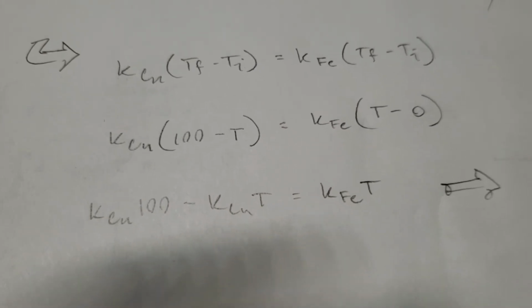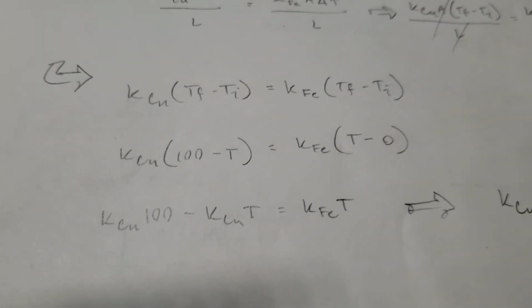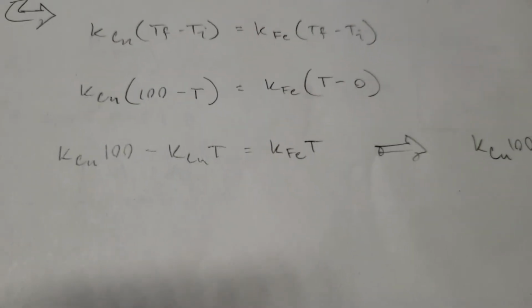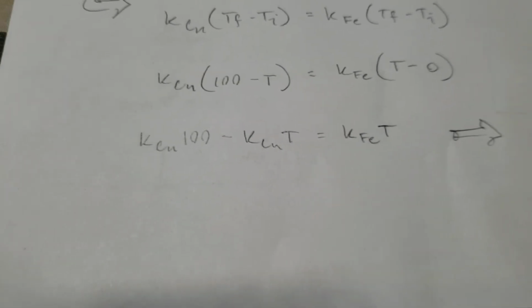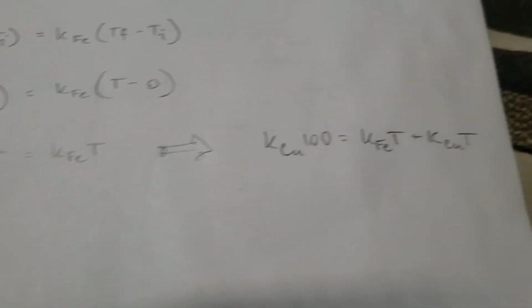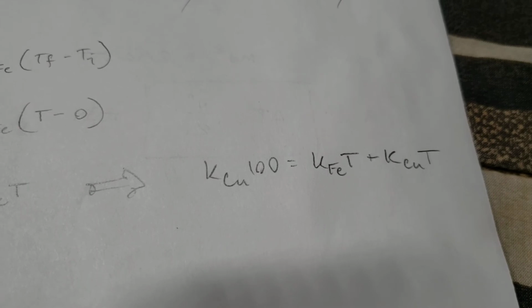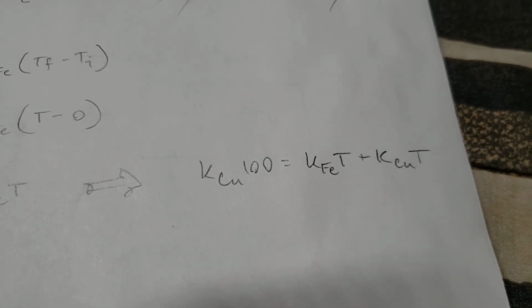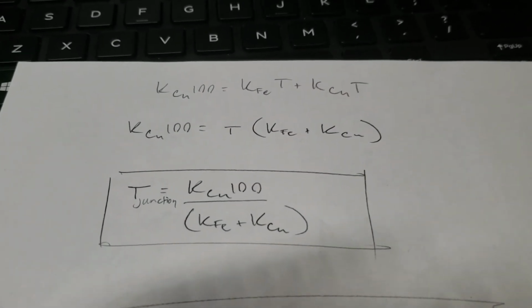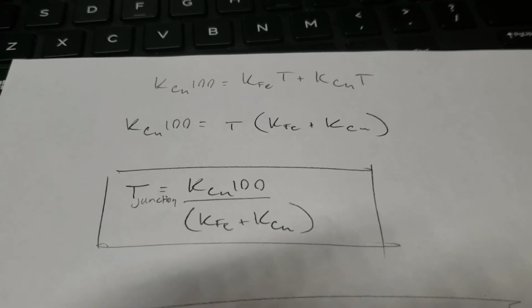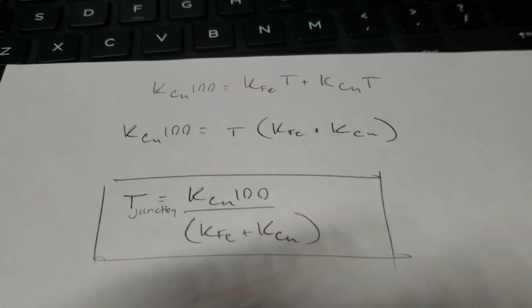So substituting in numbers, we have a 0 on the right side for the iron end of the rod, and we have 100 on the other side. Simplifying a bit, we have this. Then we're going to rearrange so that we get all the terms with the temperature in them on one side of the equation. So we get K_Cu times 100 is equal to K_Fe times T plus K_Cu times T. Now that we have all the temperature terms on the right side, we can factor out the T, which is what we want to do because T is what we're looking to isolate.